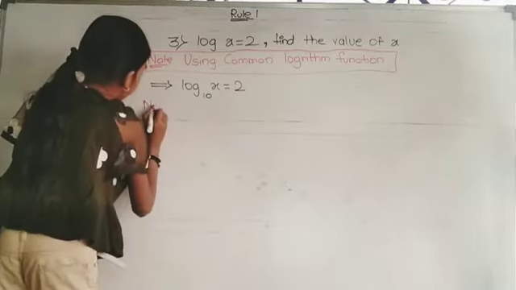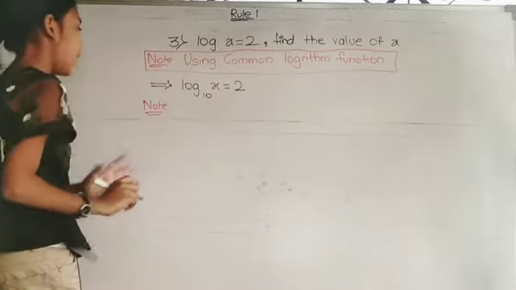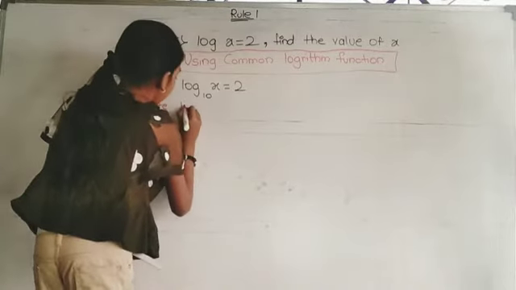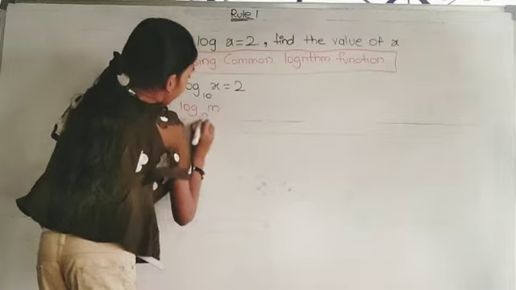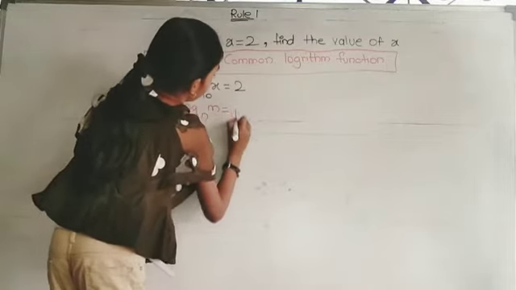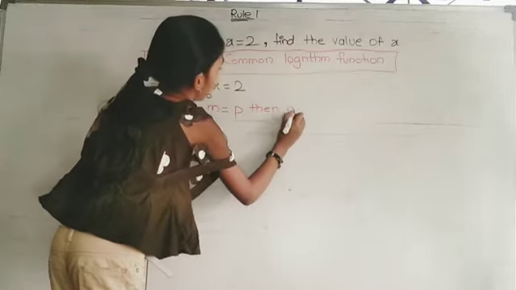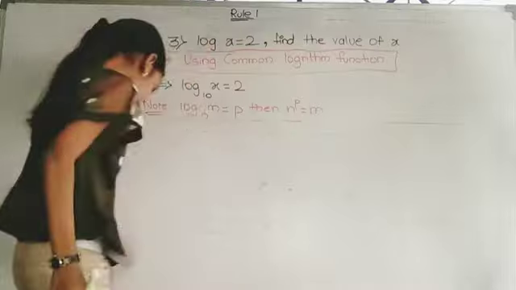Now here we are going to use the formula. So note down the formula: log m base n is equal to p, then n raised to p is equal to m.